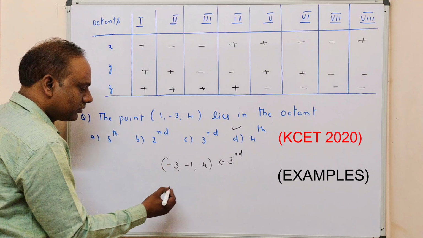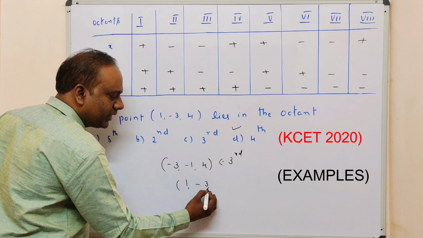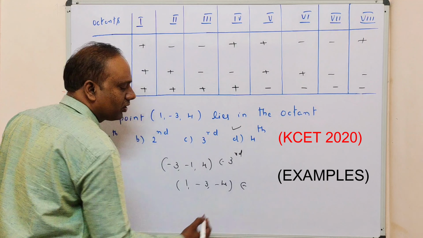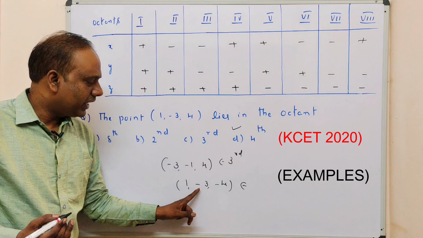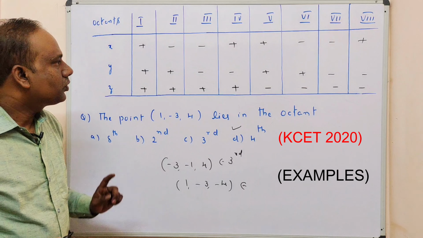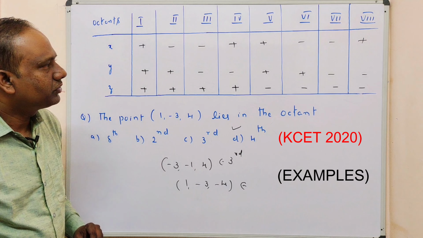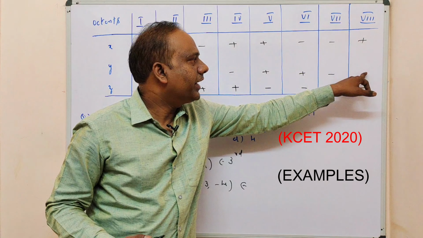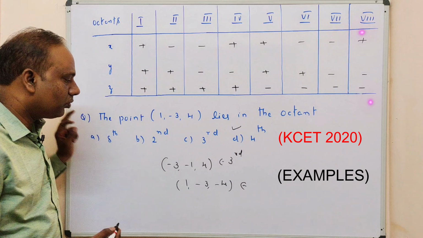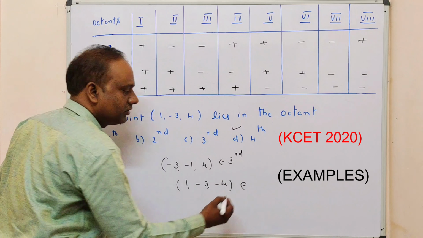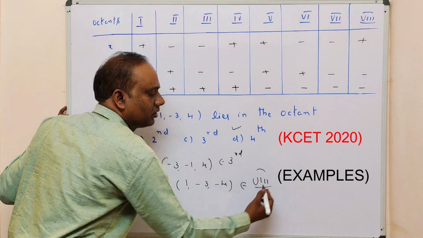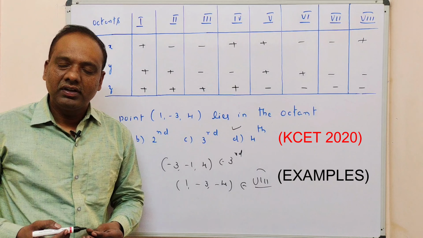Or suppose the point is (1, -3, -4). It is positive, negative and negative, so it belongs to the 8th octant. Like that.